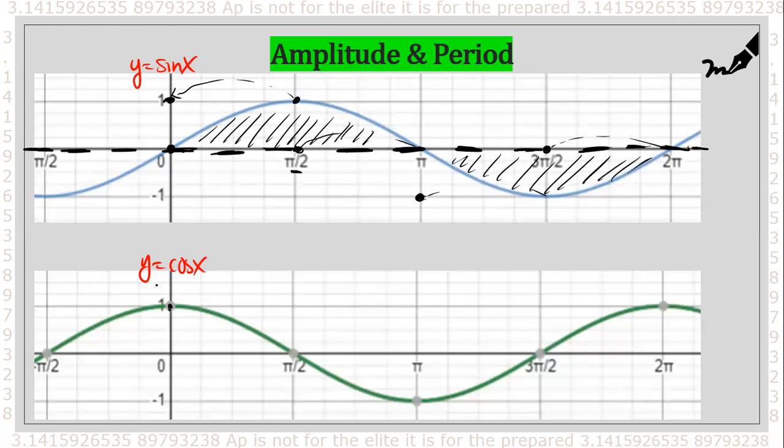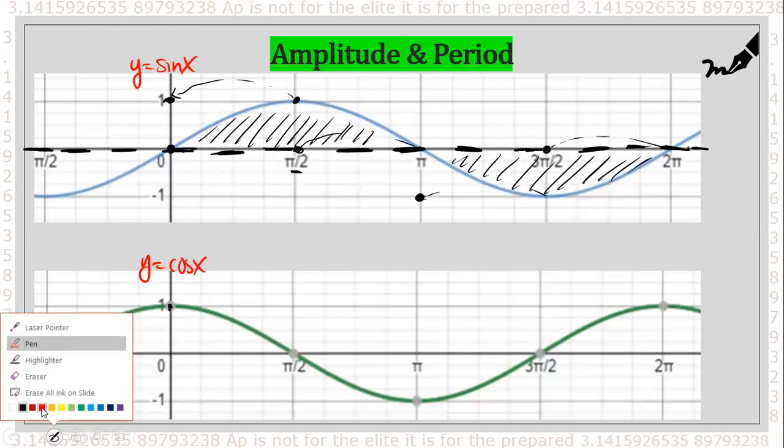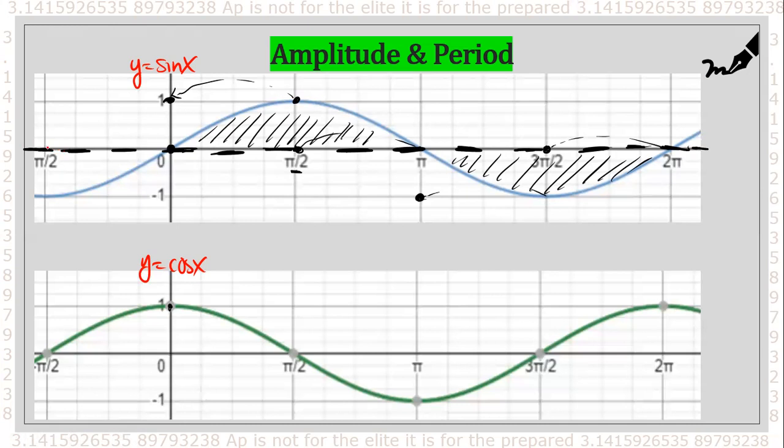Okay, so the amplitude is talking about the distance, and I'm going to call this line that was used to split them the midline. The amplitude is the distance between the midline and its max or min. So for the parent function, it is 1. Okay, so it doesn't matter if it's below, the distance is still 1. If you took your pencil to measure here, you can say the distance is 1.